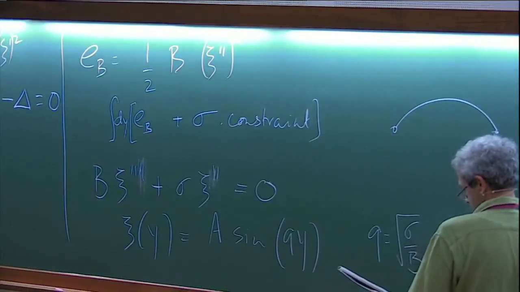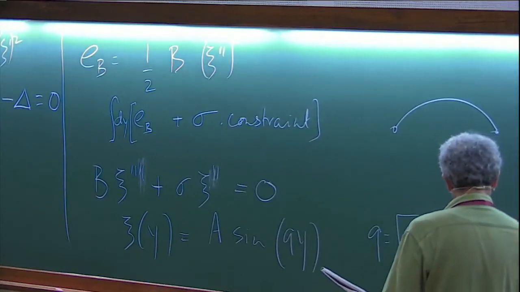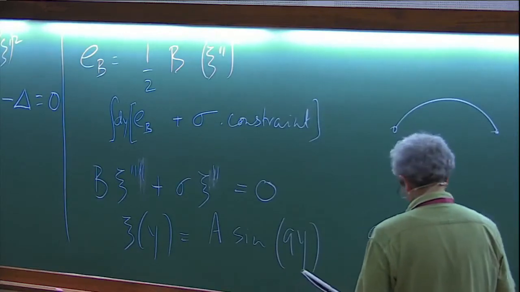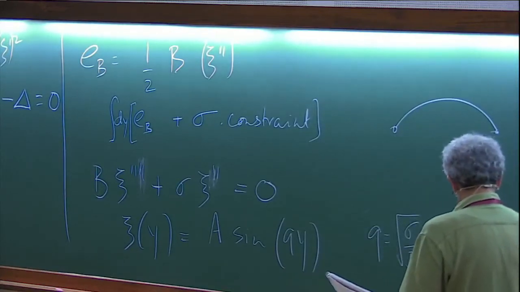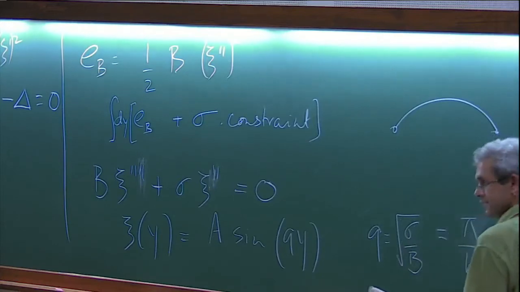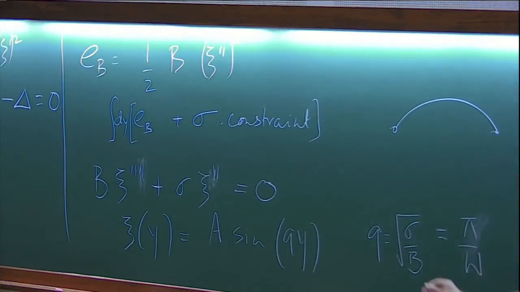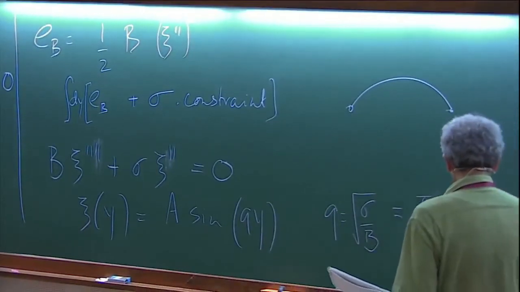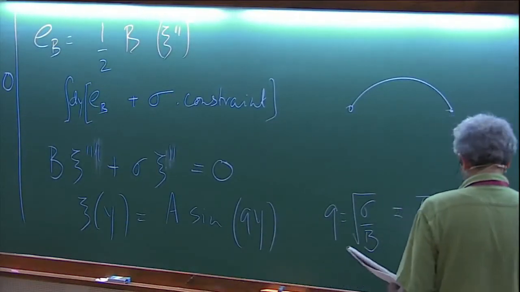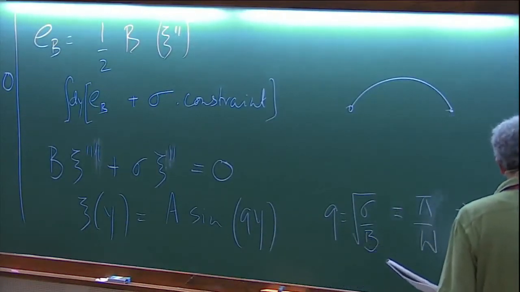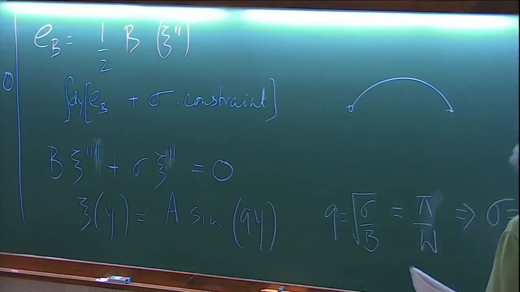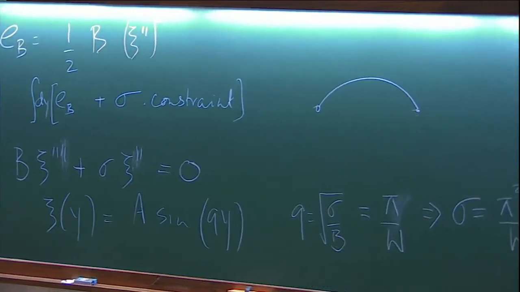That's what root sigma over B is. I want that whole thing to be in the lowest mode. I want it to be pi over w, right? And you can do all the higher modes you care about. So I actually get sigma equal to pi squared B over w squared. Okay.